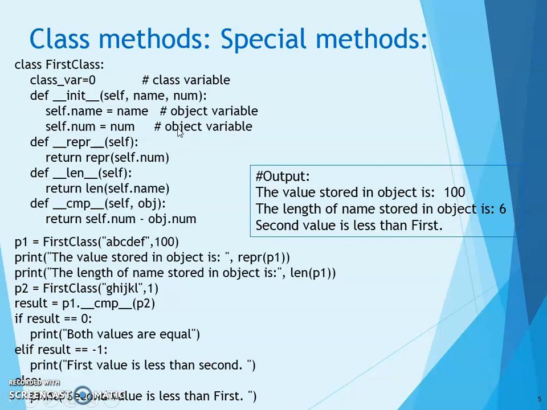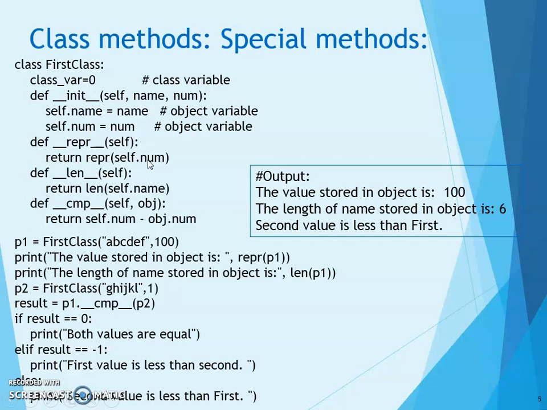These are object variables. Now on the next line we want to print the value stored in the object, and to the representation method we are passing P1. Once we pass our object, this method will be executed. What are we writing here? Return representation of self.num.